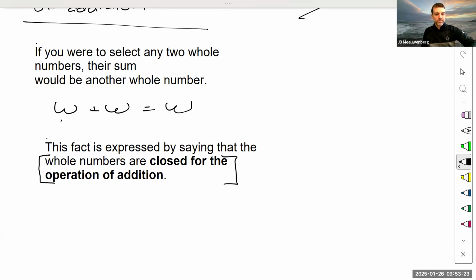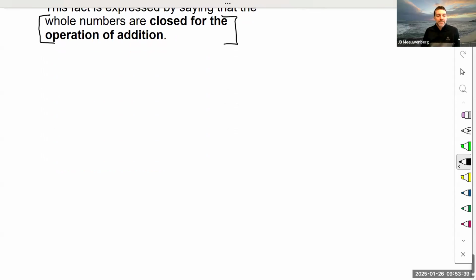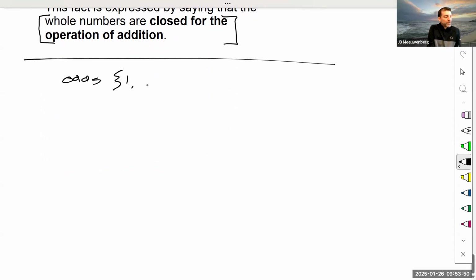So let's investigate to make better sense of this. Let's investigate some other types of numbers, not just whole numbers, but odd numbers: 1, 3, 5, 7, etc. And I'll ask the question, are odd numbers also closed under addition?